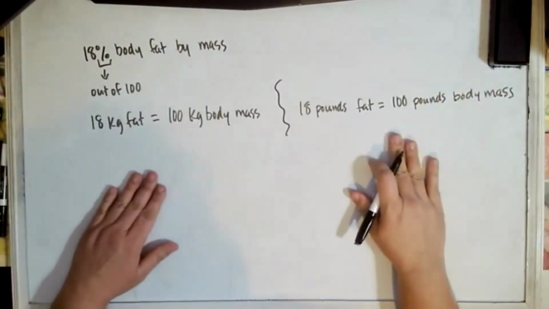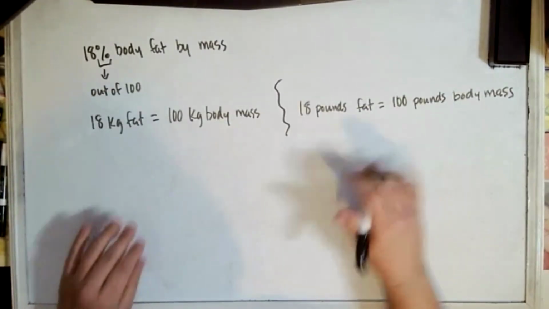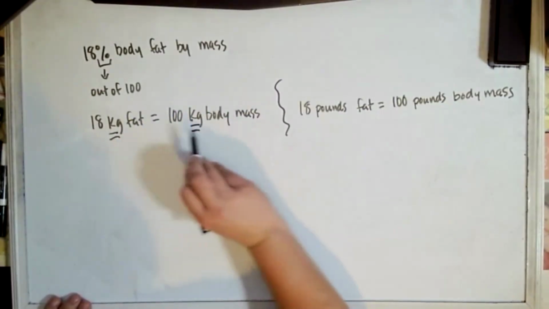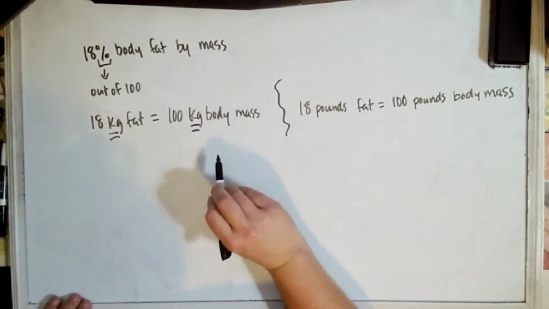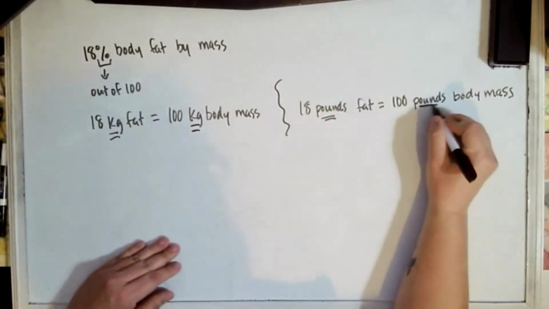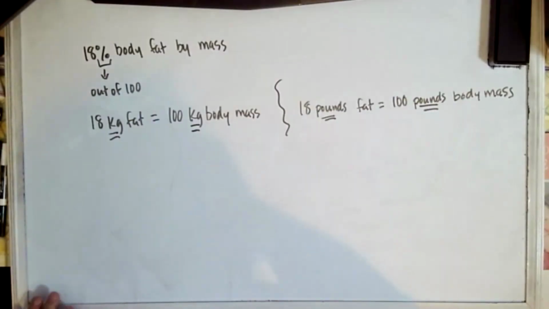This is also a correct equality for 18% body fat by mass. You just have to make sure that the units you're using to represent the part and the whole are the same unit. So it's got to be kilograms and kilograms or pounds and pounds. You can't mix and match those when you make your equality.